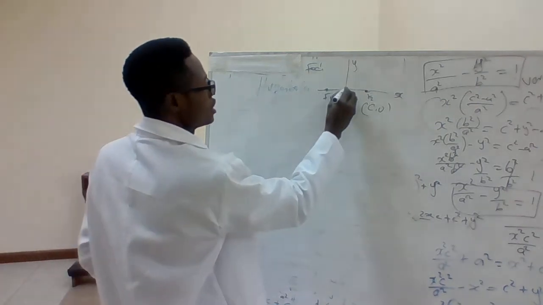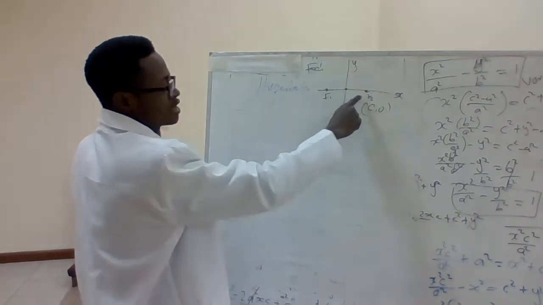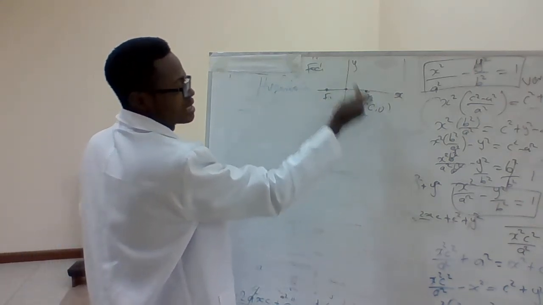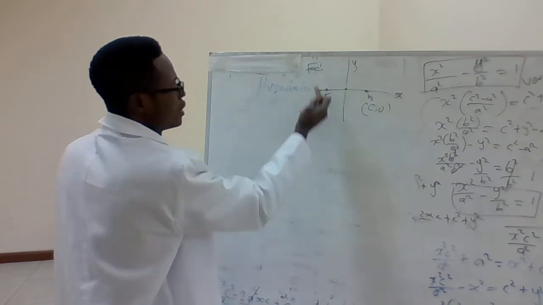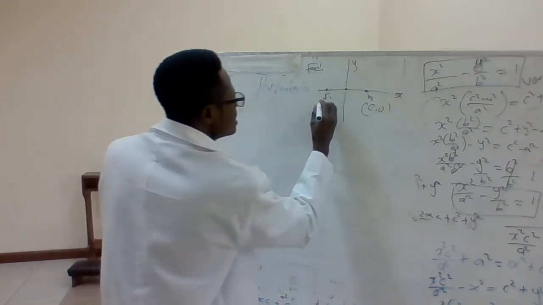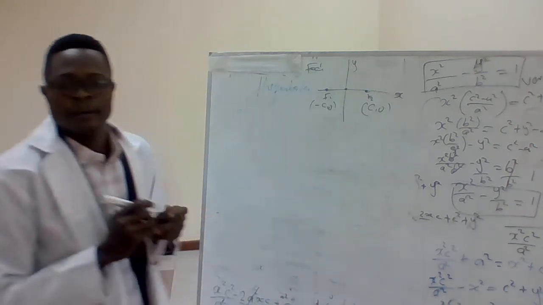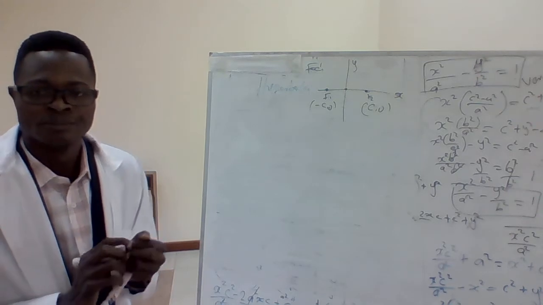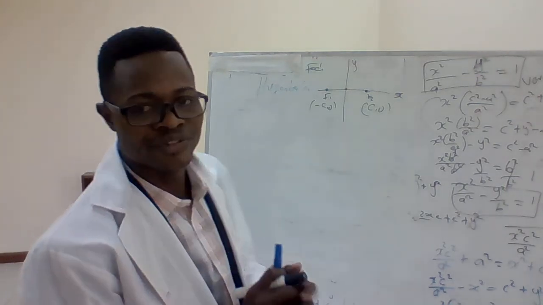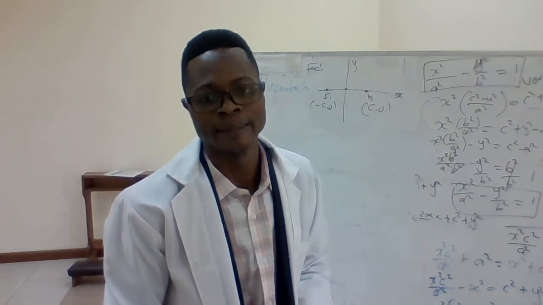So at the origin is 0, but from here is the distance, C, 0, which means we have our C at the foci and we have our C, but because it is on the negative side, this is negative C, 0. That is the first thing you need to do when you are deriving the equation of a hyperbola.